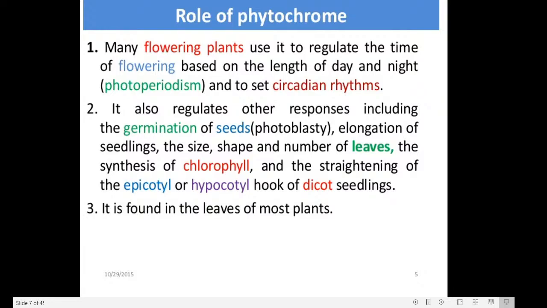So this circadian rhythm is designed based on the phytochrome's activity. It also regulates the germination of seeds, which is called photoblasty. In this step, I want to let you know one thing.